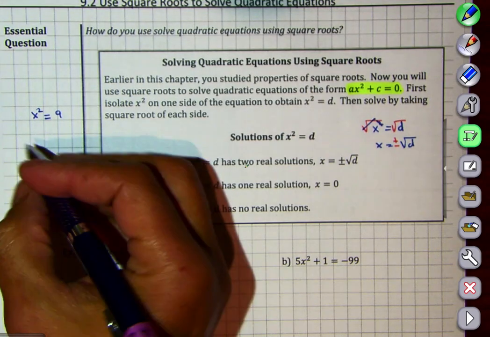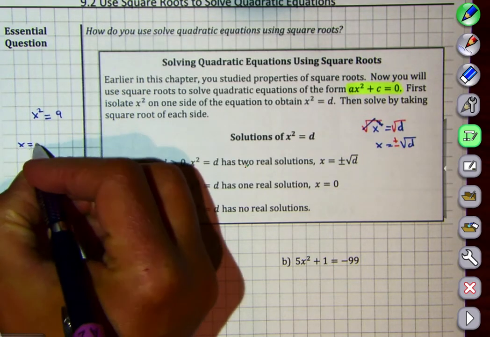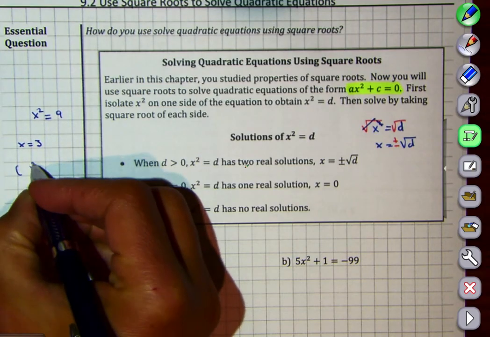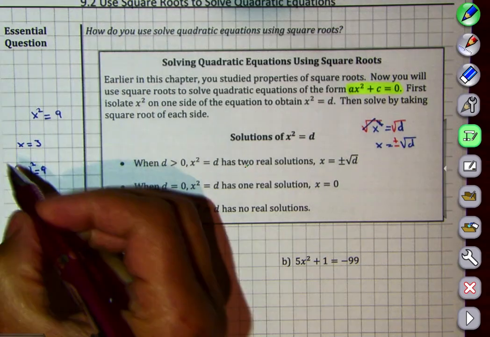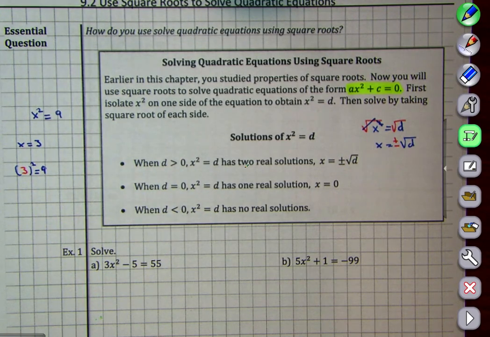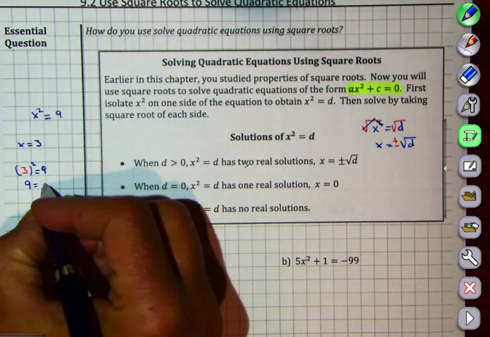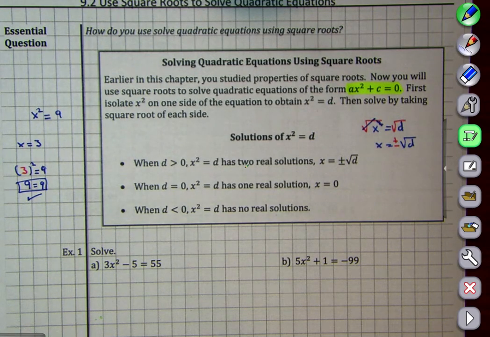Many of you will say 3, which is correct. So x can be 3, because if you substitute, you end up with x squared equal to 9. I'm going to plug in a 3. Is that a true statement? Yes, because that gives you 9 equals 9. So therefore, x equal to 3 is correct.